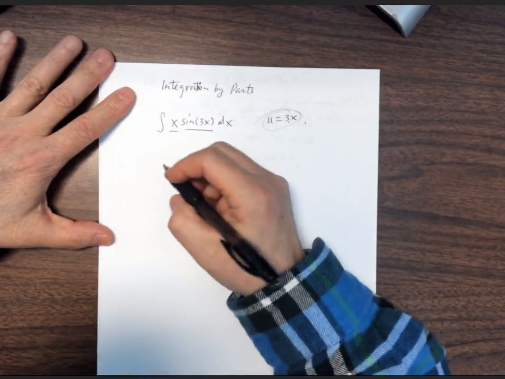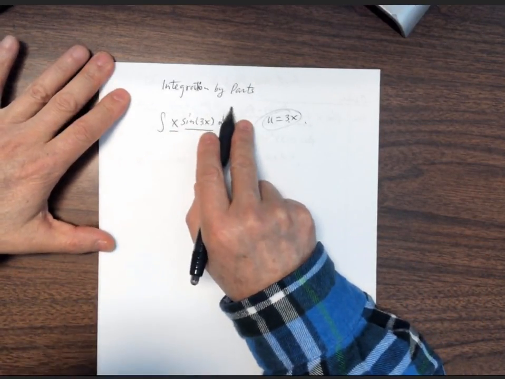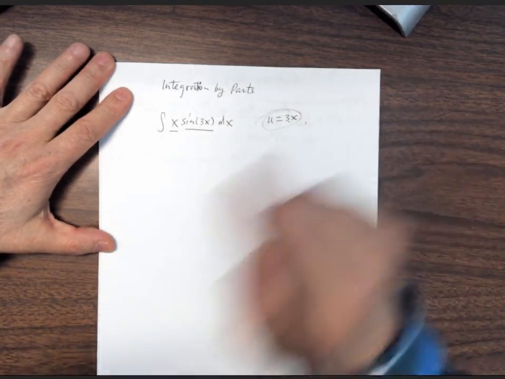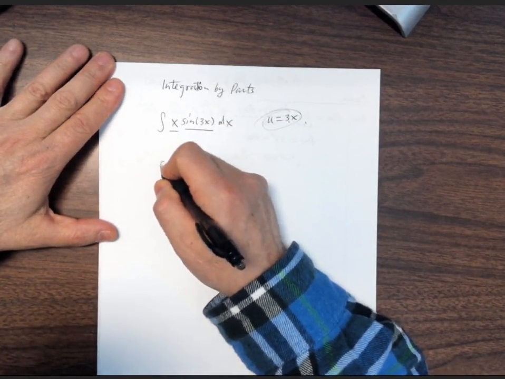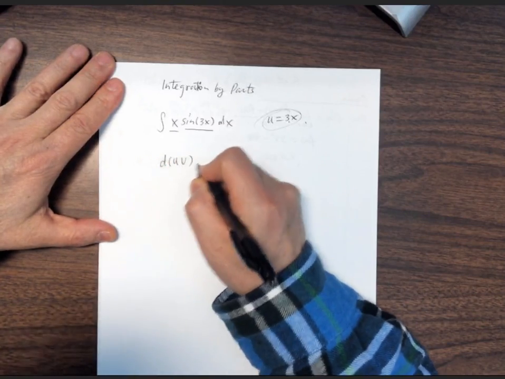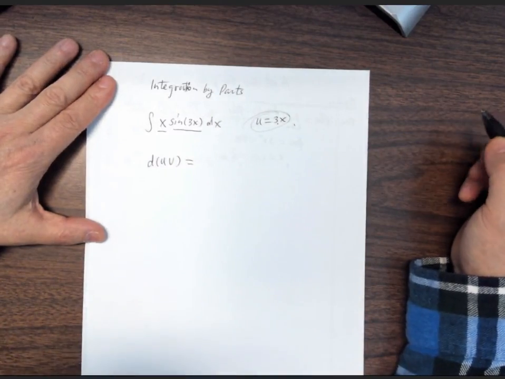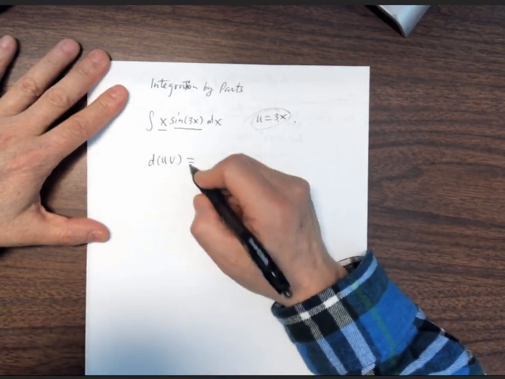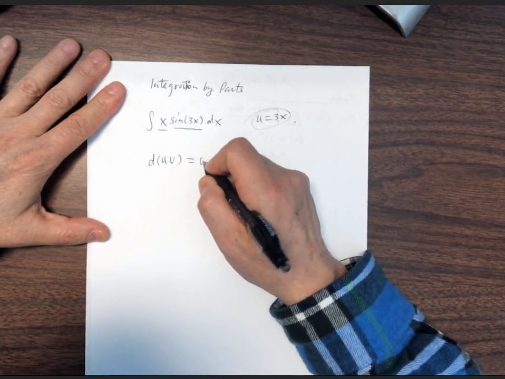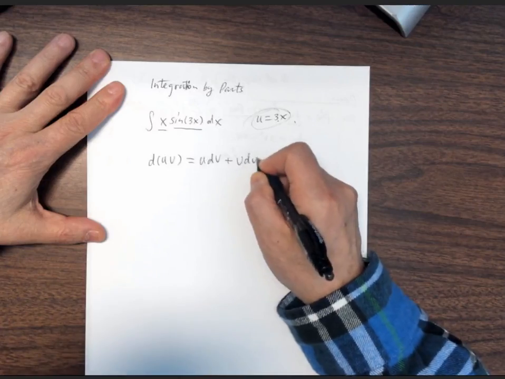The proof of the integration by parts formula is actually pretty simple. Let's check out the product rule in differential form. It's just the differential of a product: d(uv) equals u dv plus v du.